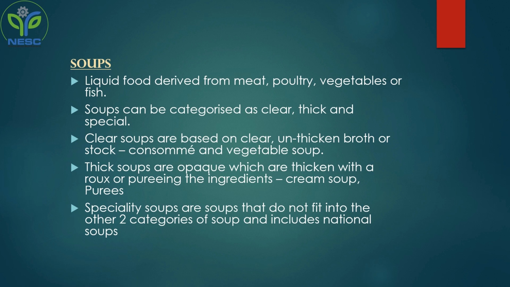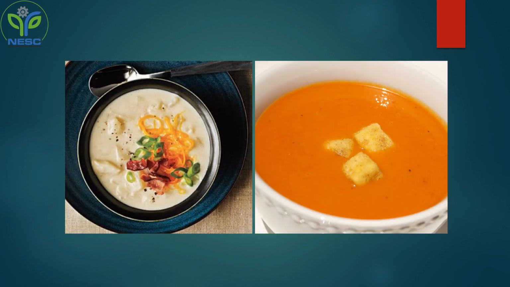Some examples are cream soup and puree, etc. Next, specialty soup. Specialty soups are soups that do not fit into the other two categories. That means it is neither clear soup nor the thick soup. Alright, and it normally includes the national soup of various countries. These are the two pictures of soup.